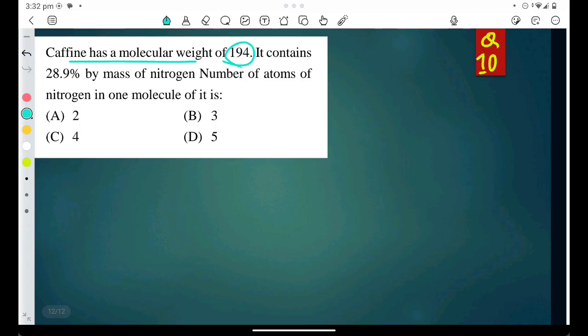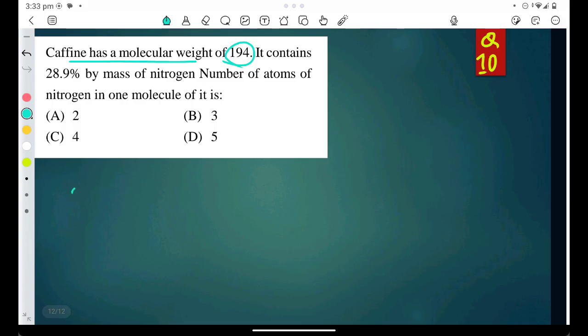The molecular weight of caffeine is 194. It contains 28.9% mass of nitrogen. Again the same question as hemoglobin: the number of atoms of nitrogen in one molecule of it.